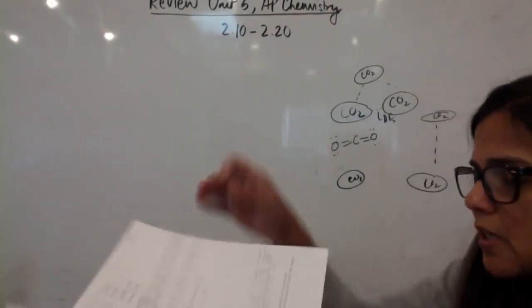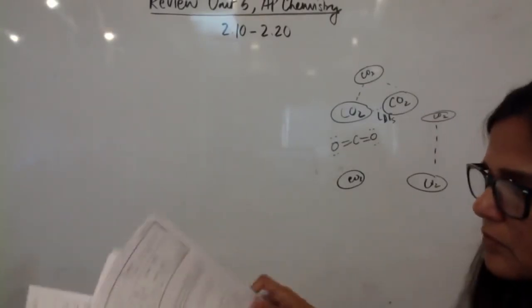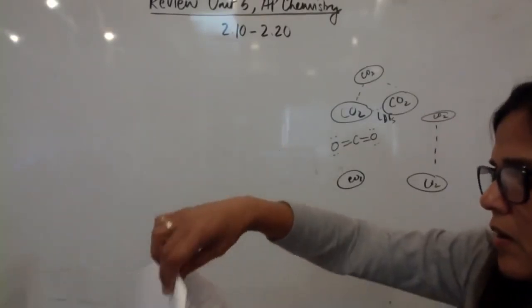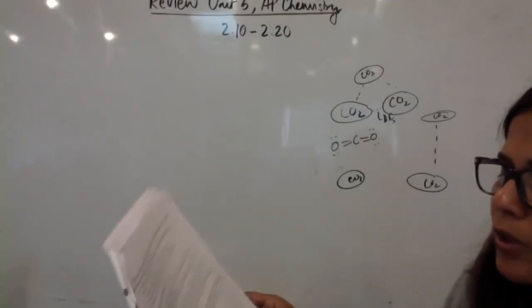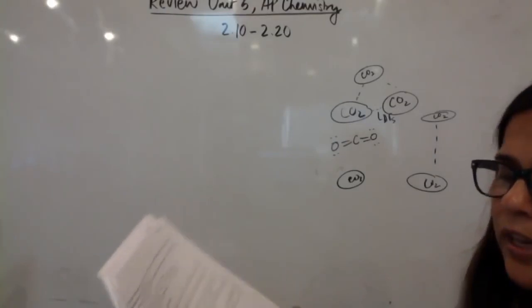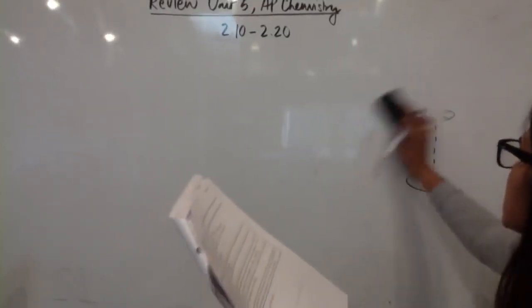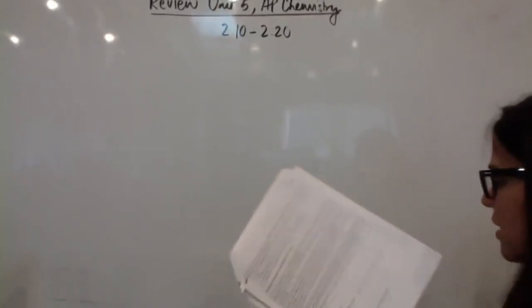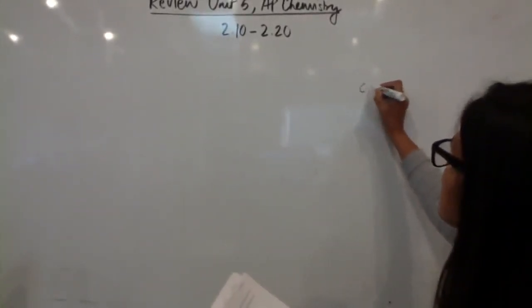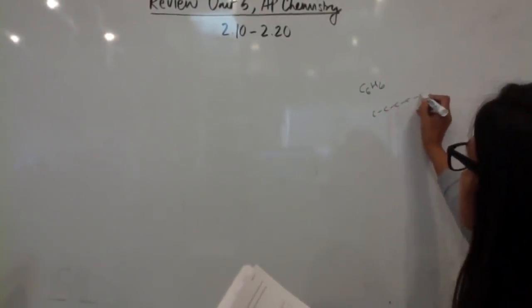Number 17. In which of the following processes are covalent bonds broken? In all of these, remember when you melt benzene, let's say, benzene is C6H6, so there are 6 carbons.